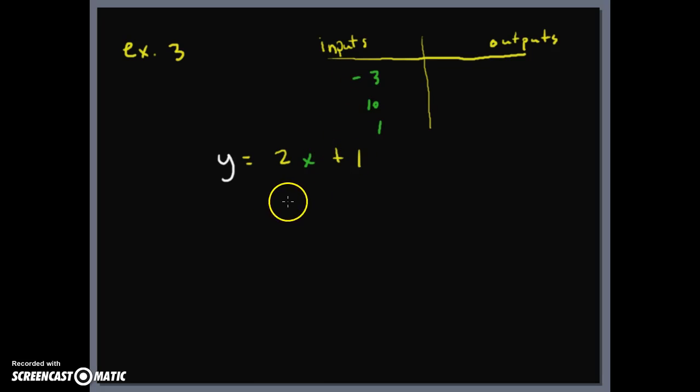If we put in -3, we've got 2 times -3 plus 1. This is our input. We simplify to figure out what our output is. So we get -5. That is what Y is. So our output when our input is -3 is -5. We can write that right here.